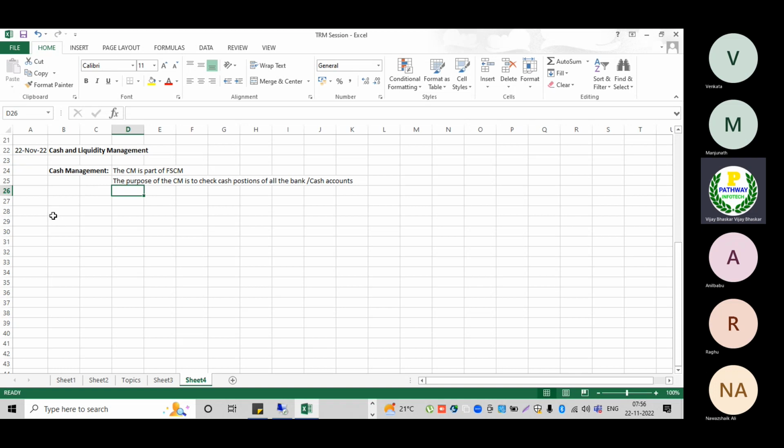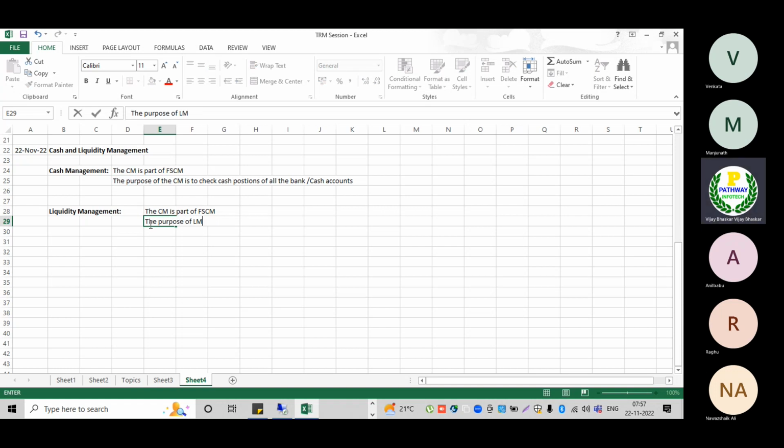Now if we talk about liquidity management, what is its purpose? We have discussed cash management. Liquidity management is also part of FSCM only. It is a sub component in financial supply chain management.